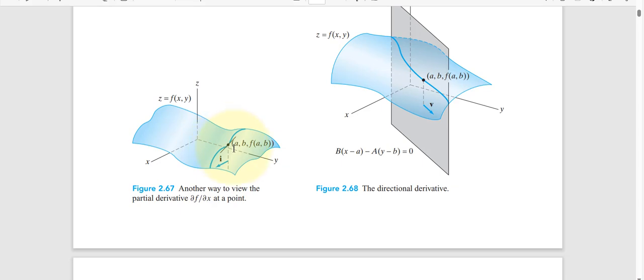Maybe that's not quite true, but anyway, there are other directions where we can move, for example, maybe in this direction or some other direction, where we can get much more of a change in the height of the surface. So the question is, in which direction can we get the most change? Because remember, the surface is an error curve, so we want to decrease the error as much as possible when we move.